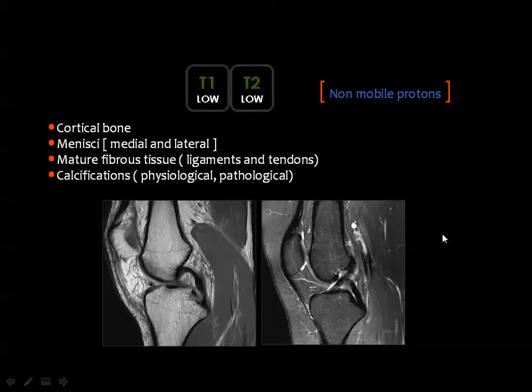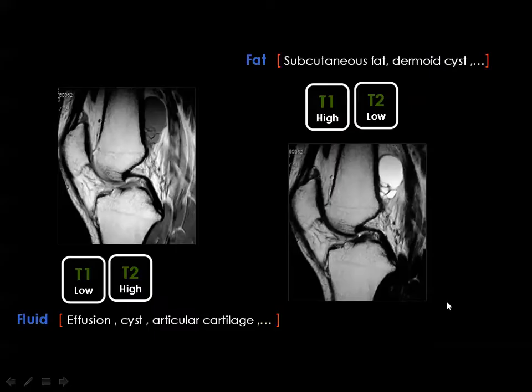And in every joint, we will add some of the anatomic structures to the list of their appearance in the MRI. For example, in the knee, the menisci, the medial and lateral meniscus, will appear dark in all pulse sequences, in the T1 and T2, gradient and the STIR images.